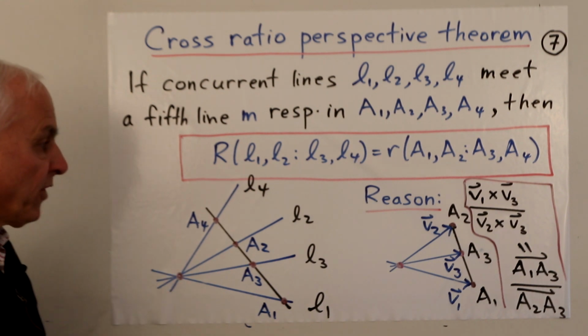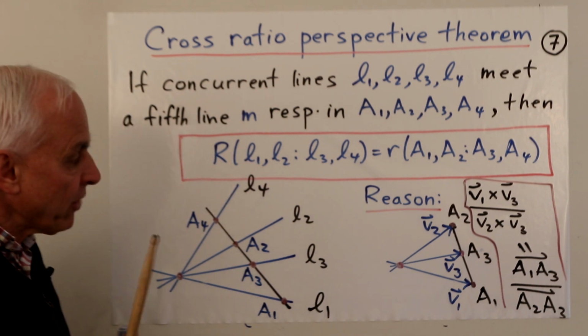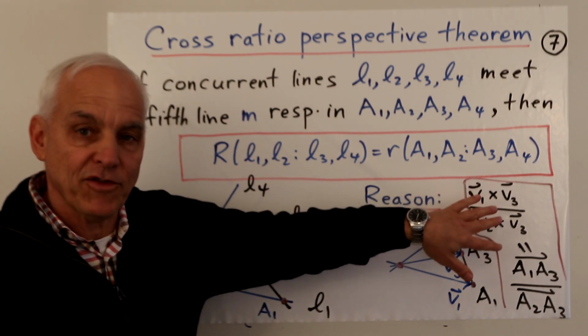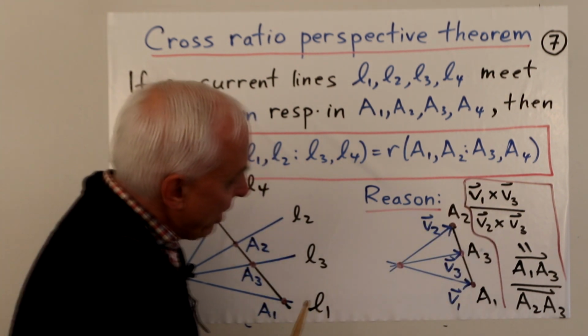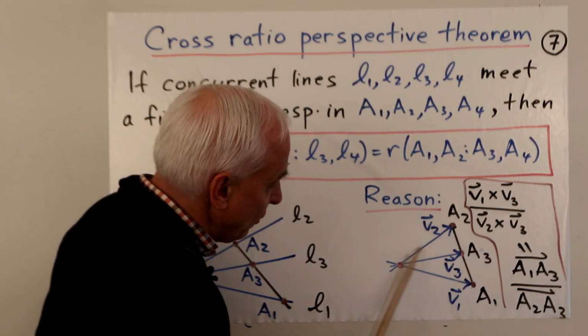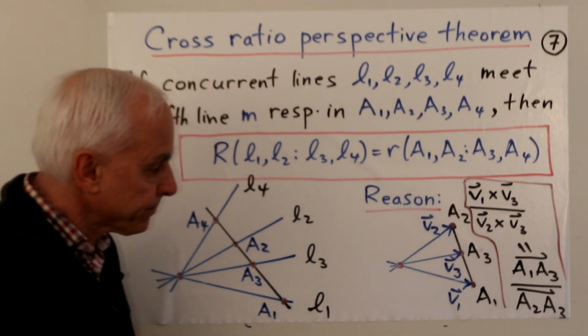Okay, and what's the proof of this? Well, here is the heart of the matter. The heart of the matter really has to do with properties of the cross product. So it really amounts to this diagram here, which is just a partial diagram. So suppose we have vectors v1, v2, v3. These points are collinear: a1, a2, a3.